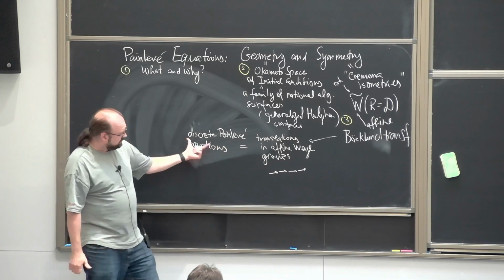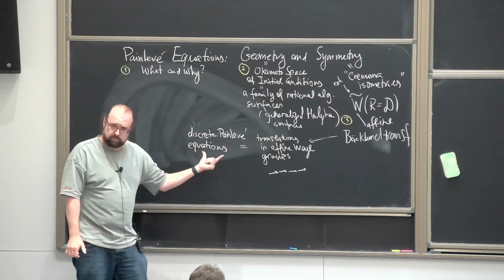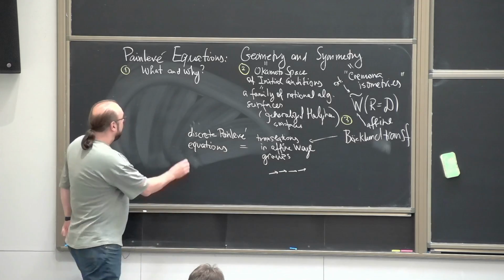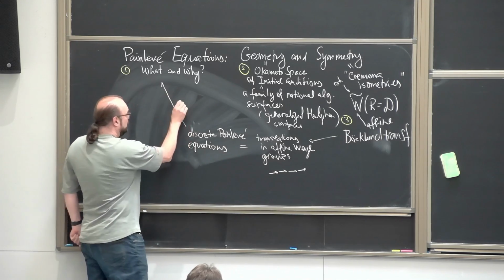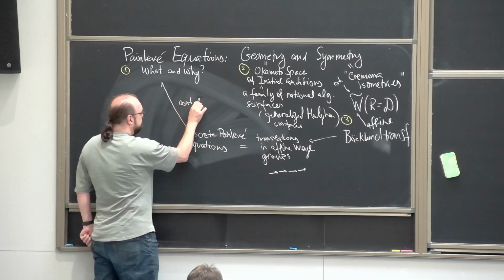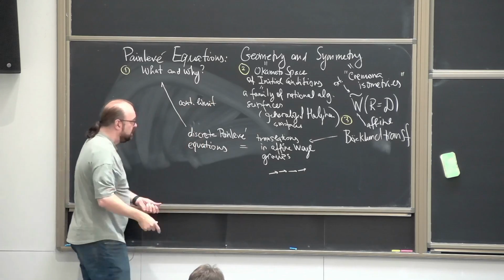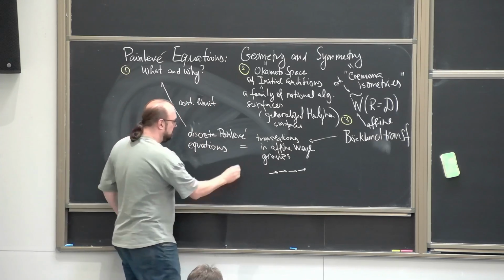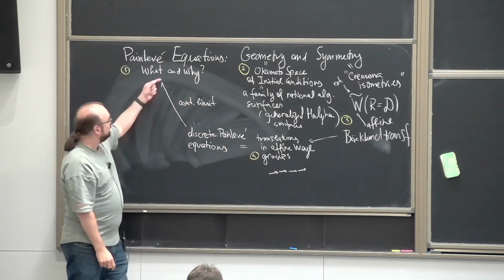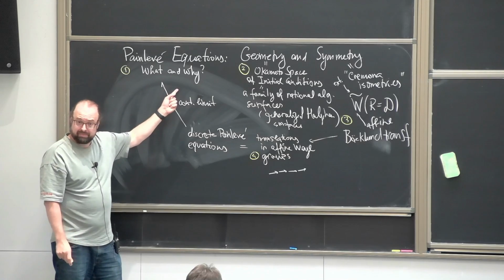And the reason such equations are known as discrete Painlevé equations is because you can do a continuous limit, go full circle, and get back to a Painlevé equation.